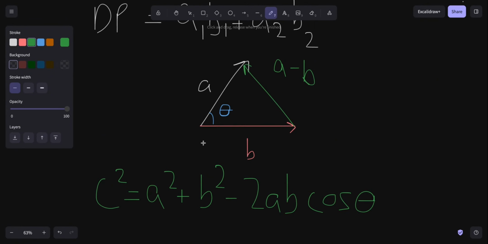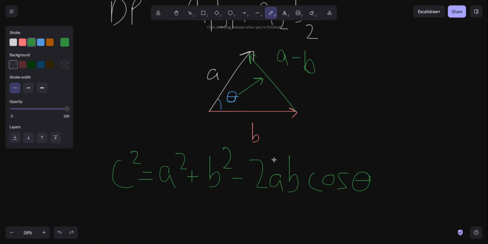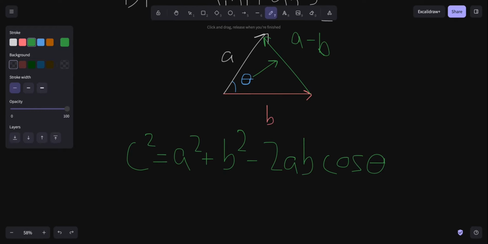Essentially this c squared represents the side across from the angle. Theta represents the angle that you're looking at, c squared represents the side opposite to that angle, and a squared, b squared are your other sides. So in this case, c squared would be represented by the magnitude of A minus B squared, theta would just be this theta, and a and b would just be the magnitudes of A and B, okay? So let's plug everything into the formula and see what happens.